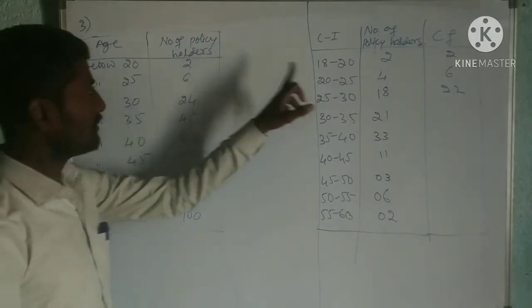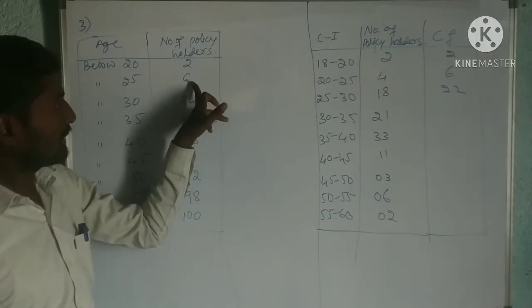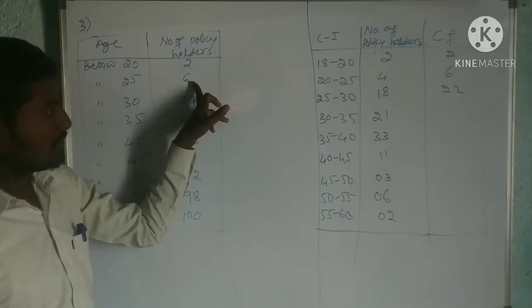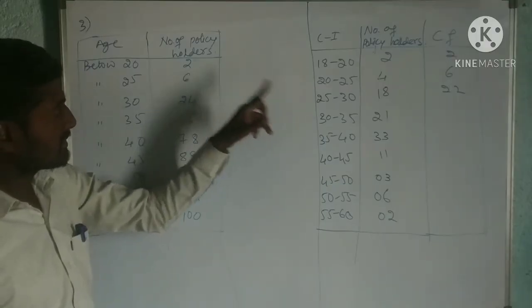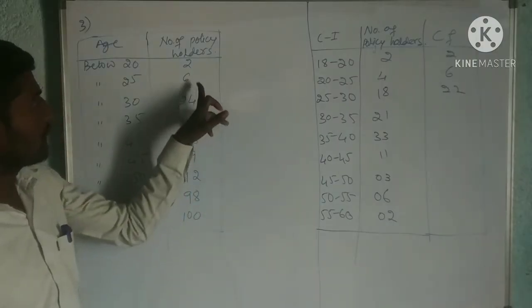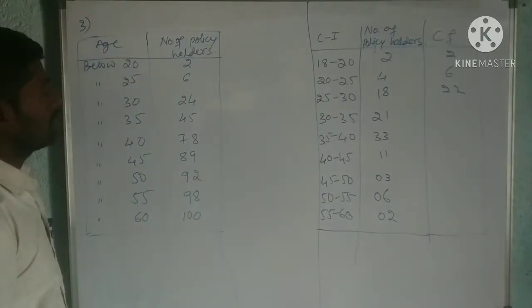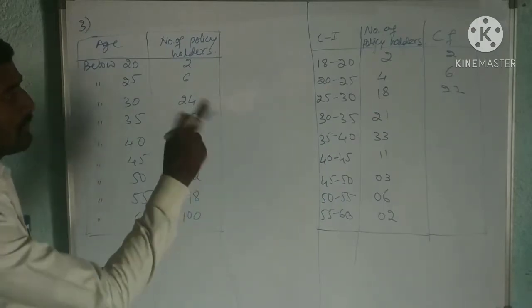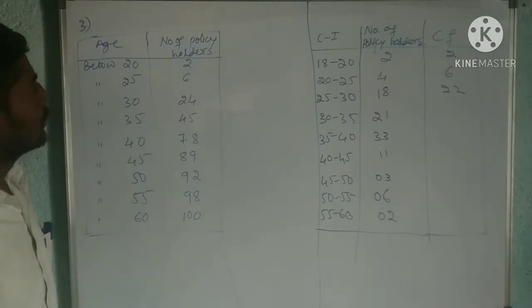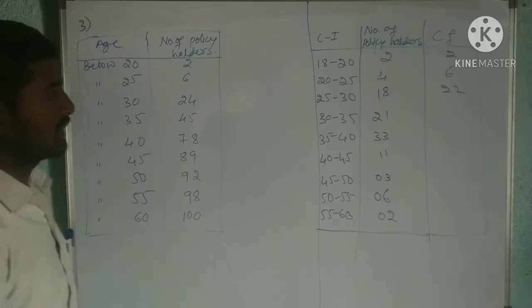Let me check again. 24 minus 6 is 18. Okay, it is right only.